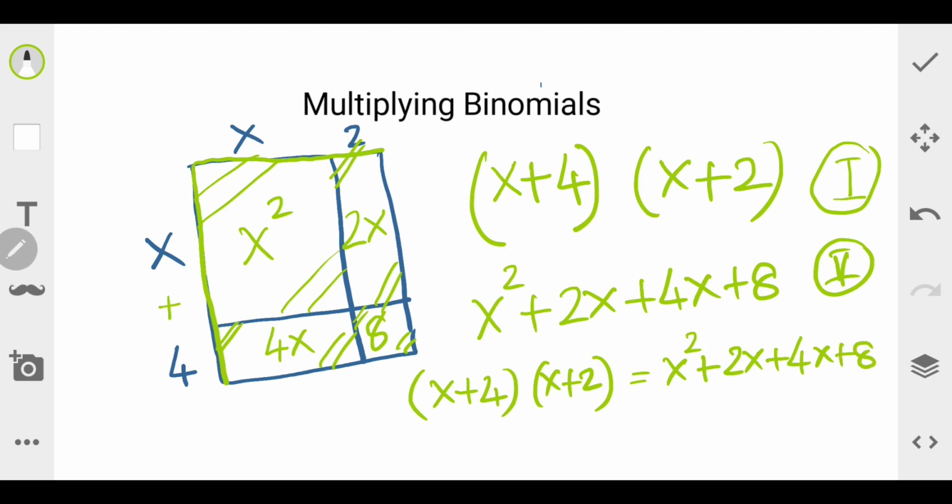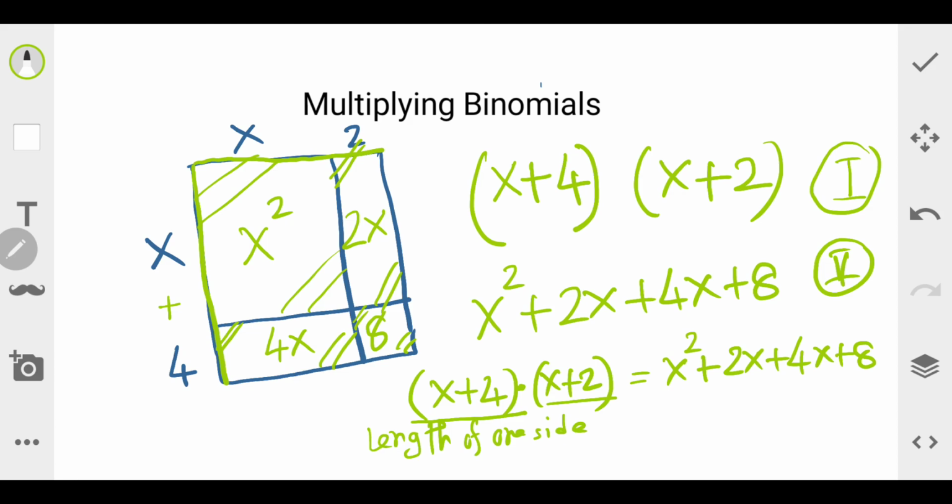If you look carefully, x plus 4 is the length of one side, and x plus 2 is the length of the other side, and the operation between them is multiplication, even though we don't have any sign. You already know this.